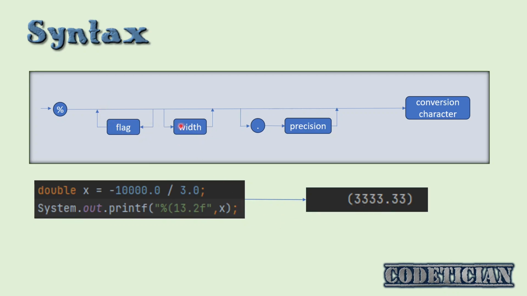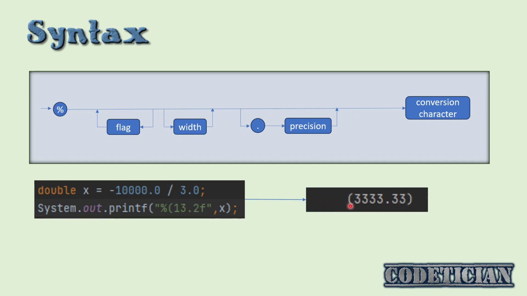After the flag, you can add a width. What is width? It tells how big your result will be. Here, I'm specifying the width as 13, which means if my result is just 4 or 6 characters, it will be pre-filled with spaces, so my complete result will be 13.